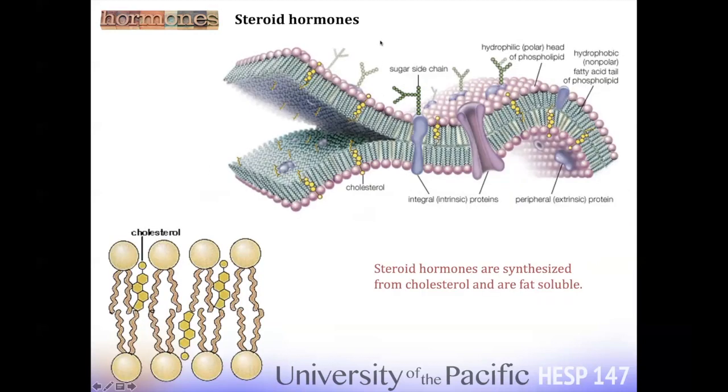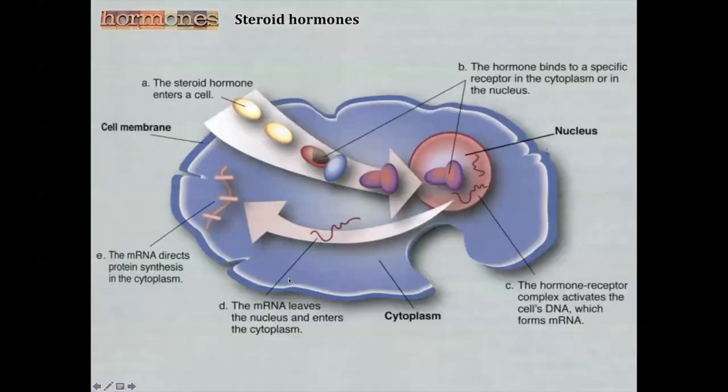And again, they are fat soluble, and they go right through. And again, cholesterol is not fat. Cholesterol and fat are not the same thing. Fat has a bunch of calories, and cholesterol does not. 9-ish calories per gram for fat, and cholesterol does not. It's this waxy thing that any animal you eat is going to have in their membranes.